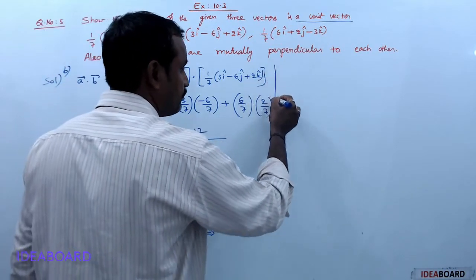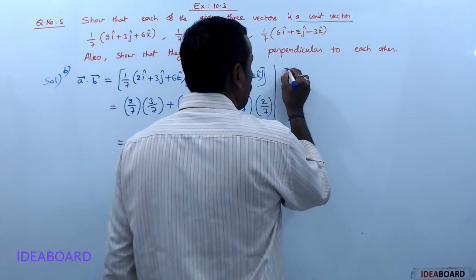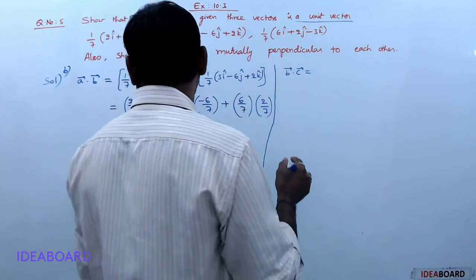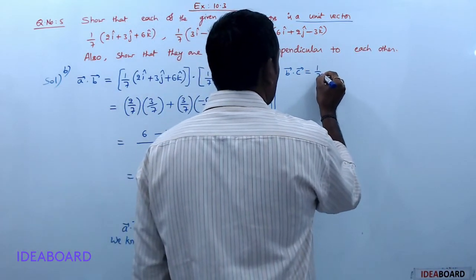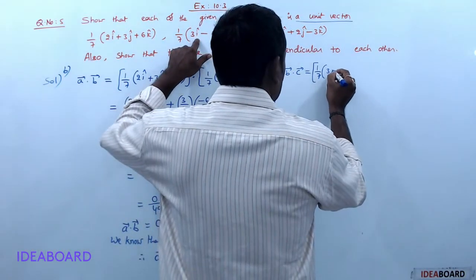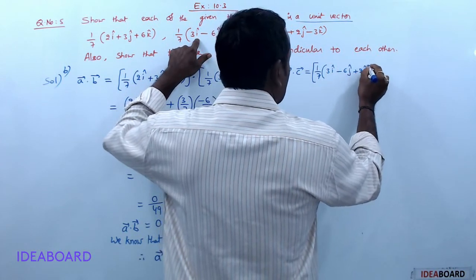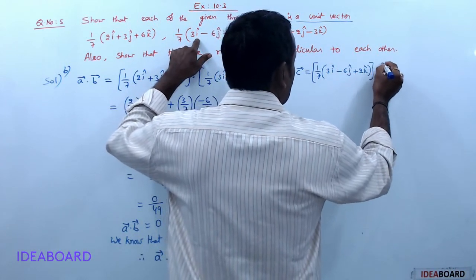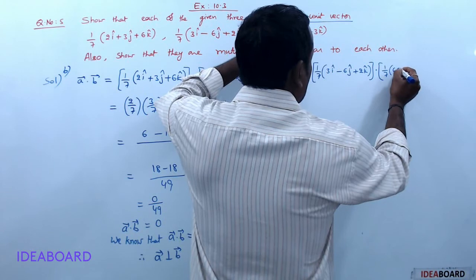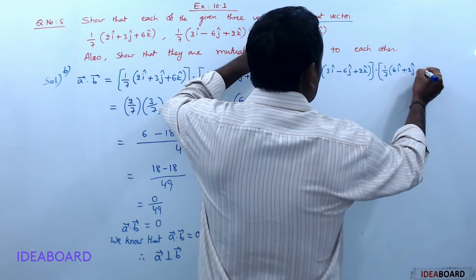Similarly, you can find B bar dot C bar. B bar dot C bar is 1 by 7 of 3i cap minus 6j cap plus 2k cap, dot product with the vector C bar, 1 by 7 of 6i cap plus 2j cap minus 3k cap.